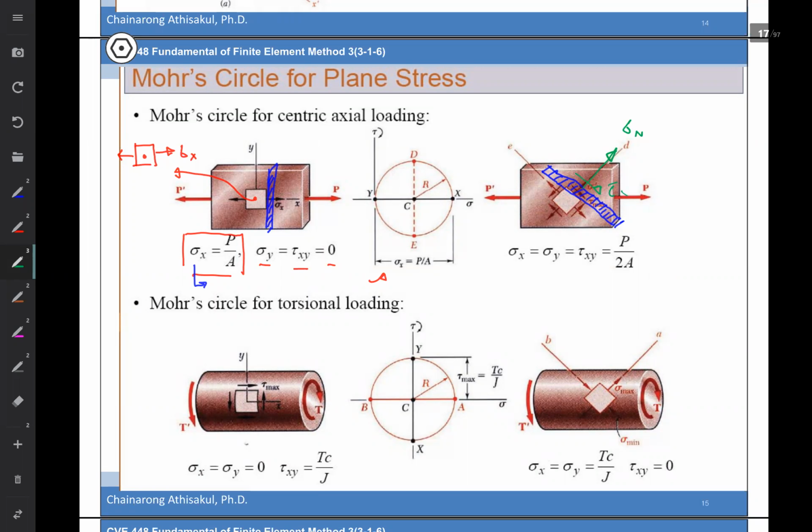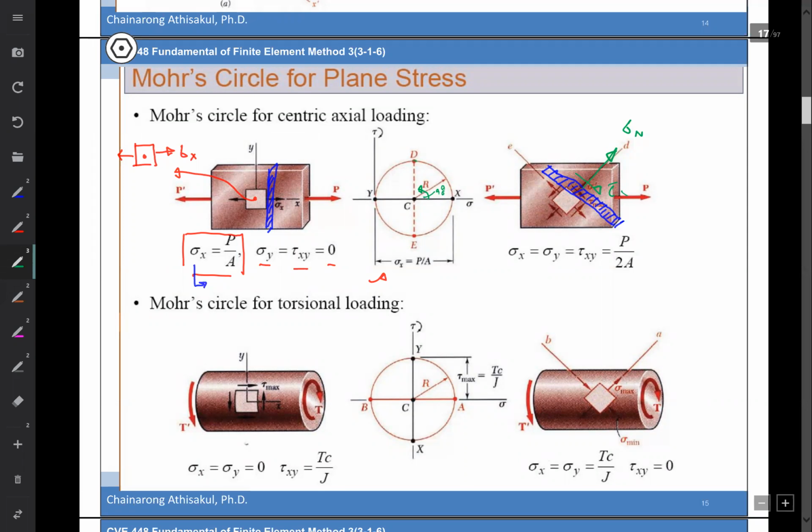So according to this, if we rotate 90 degrees in the Mohr circle, that means we rotate 45 degrees of the real plane.